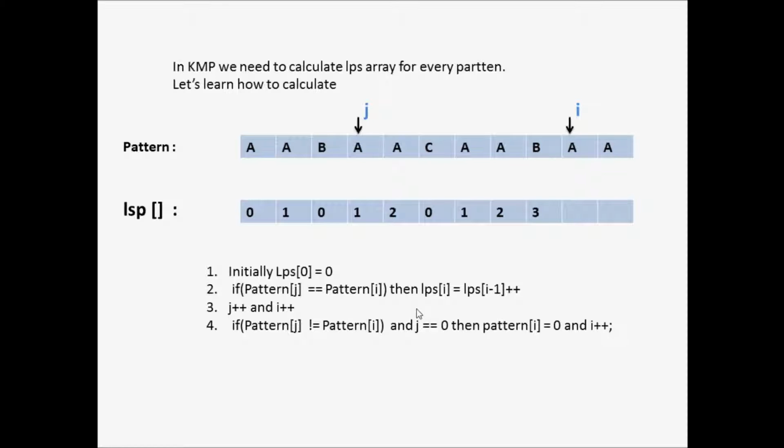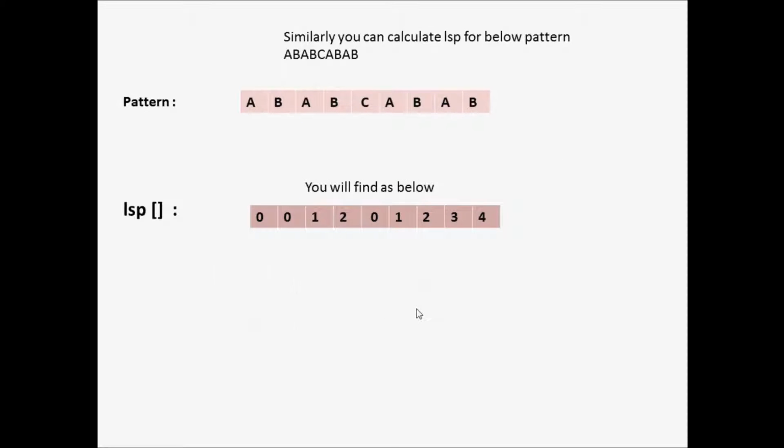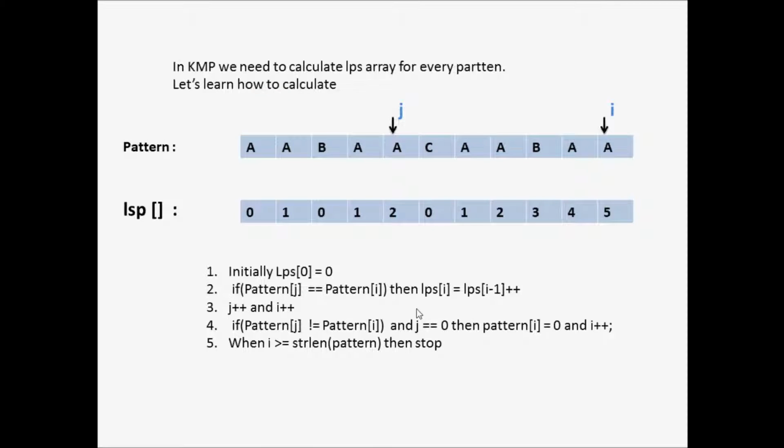Again equal, the previous LPS is 3, so 4. Again equal, the previous LPS is 4, so 5. Now if we do plus plus again, i will be greater than the length of the pattern, so it stops. Now we have the LPS array.